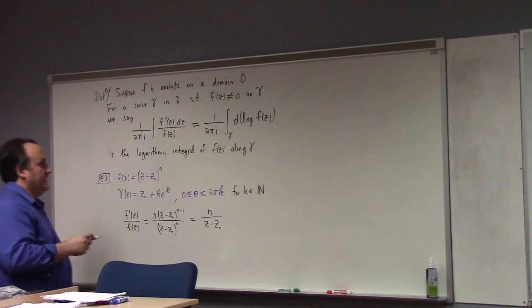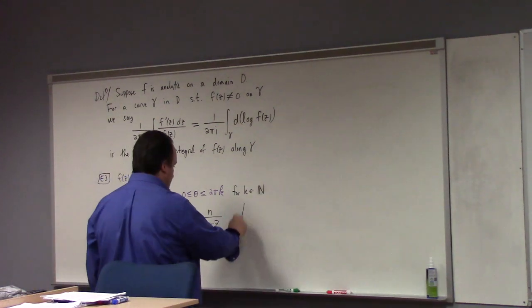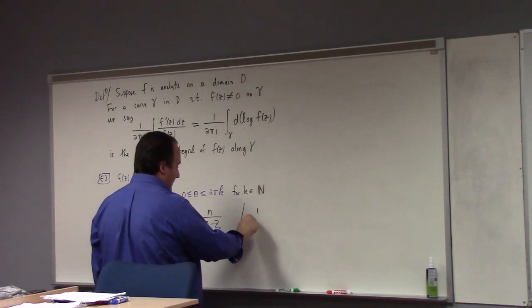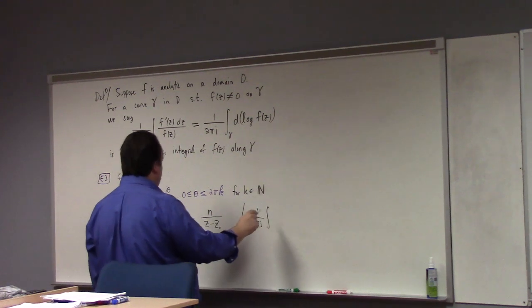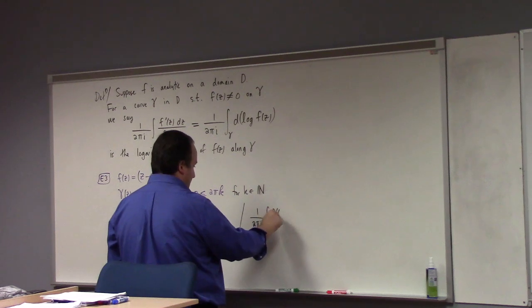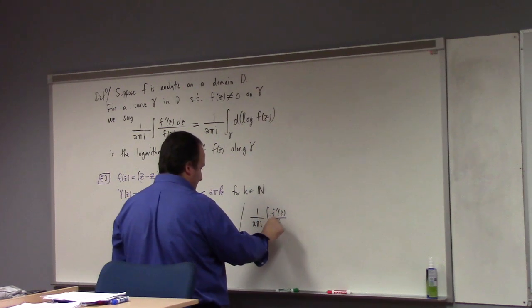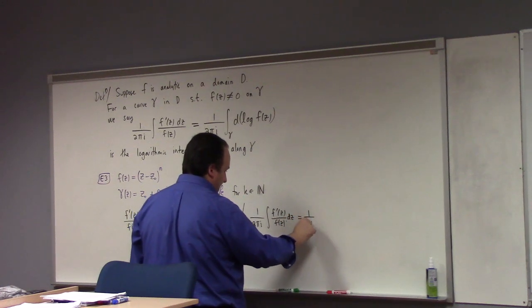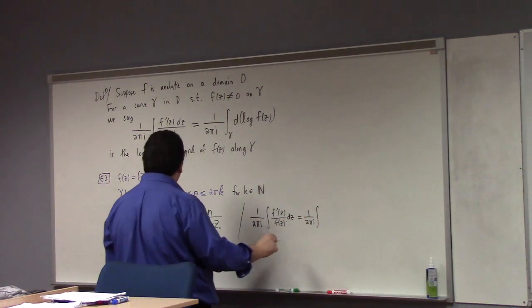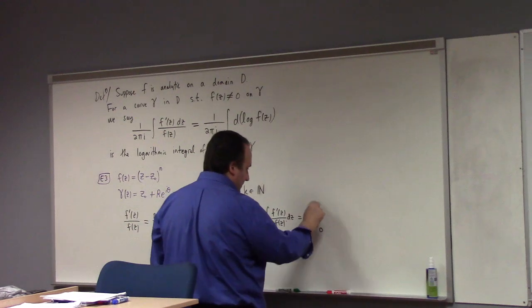So what happens when we actually calculate this integral? We have 1 over 2 pi i, the integral of f prime of z over f of z dz. So we've got 1 over 2 pi i integral from 0 to 2 pi k.